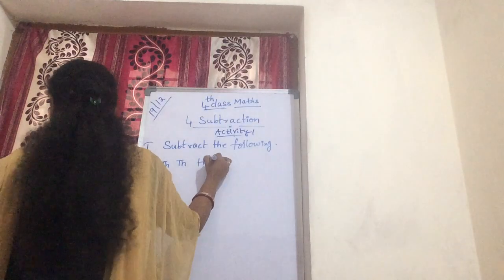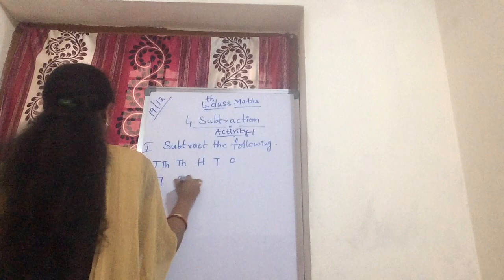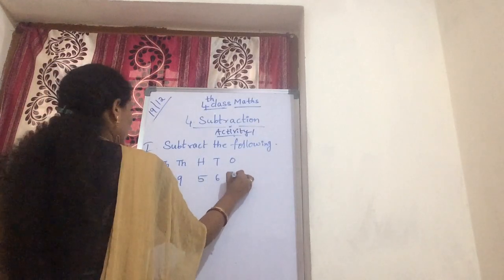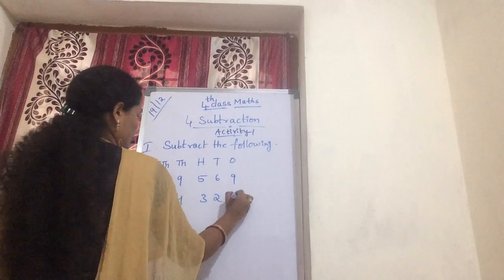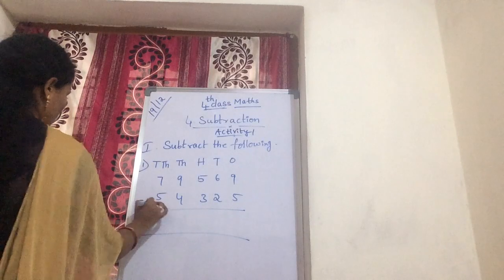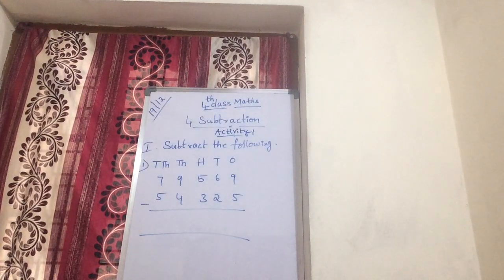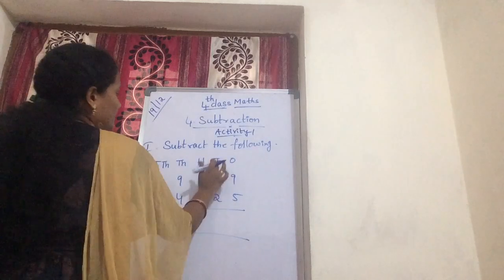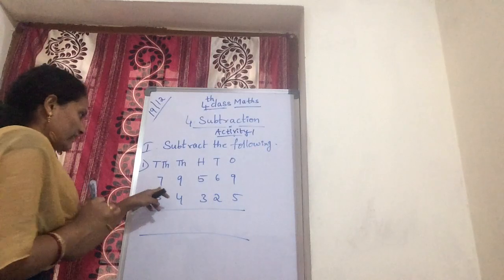It's a large number subtraction. First, you look at the number. What is the number? Ones, tens, hundreds, thousands, ten thousands. So what is our number?